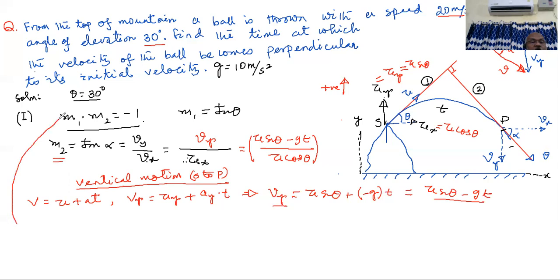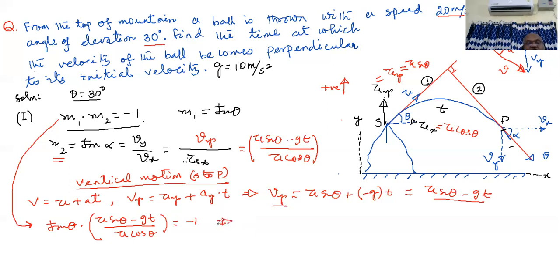We do know that M1 into M2 equals minus 1, with M1 equal to tan theta. Into M2, we got a big term, that is U sin theta minus GT by U cos theta, and the product must be equal to minus 1. You don't have to do more.